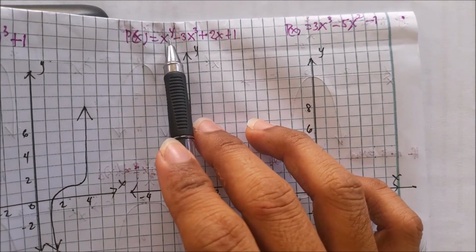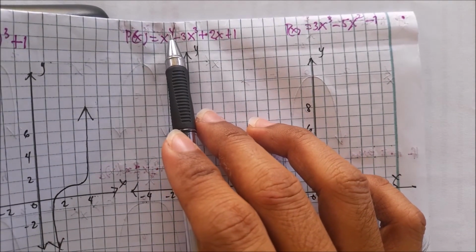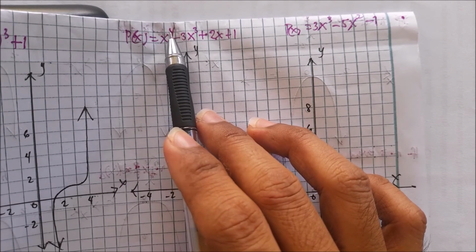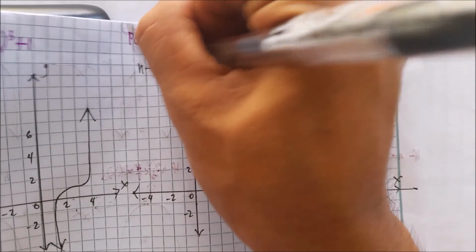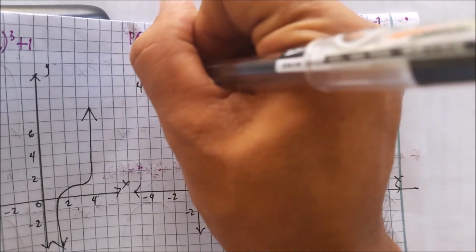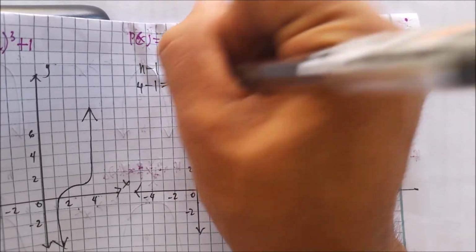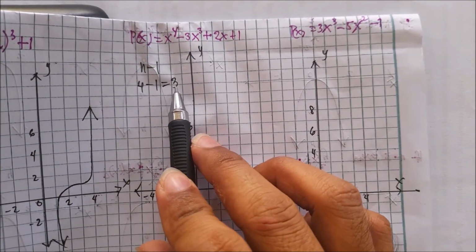Since the highest degree is 4, n minus 1 is 4 minus 1 equals 3. So the turning points is 3.